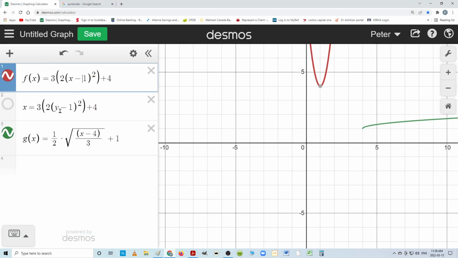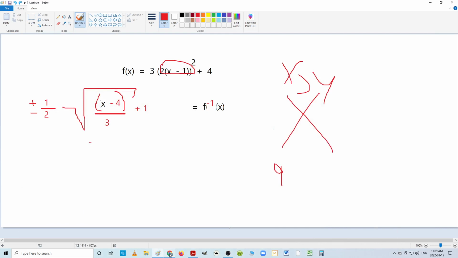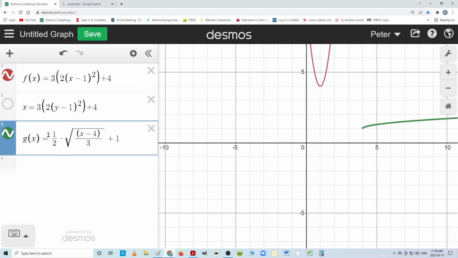So let's see what I got wrong here. Did I do the actual thing wrong? Half x minus 4 divided by 3 square root times a half plus 1. That should have worked.